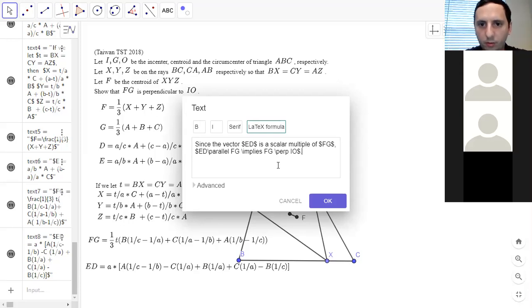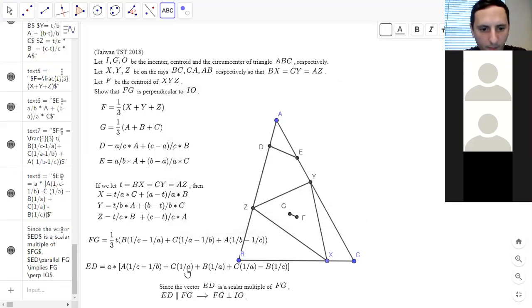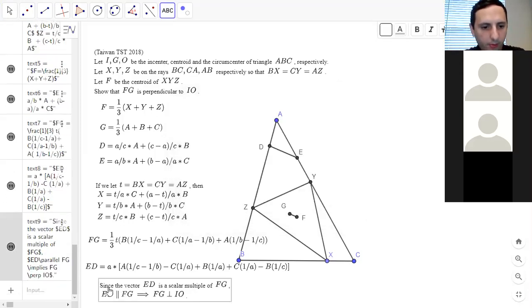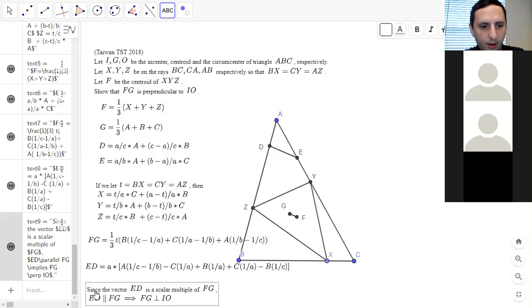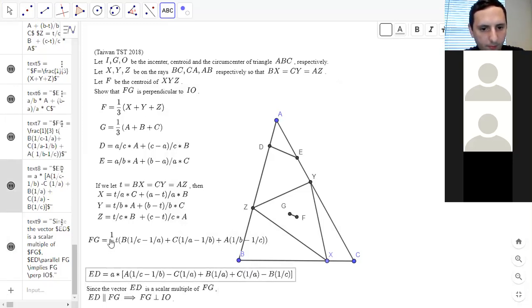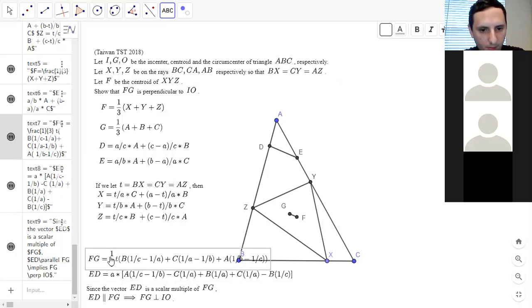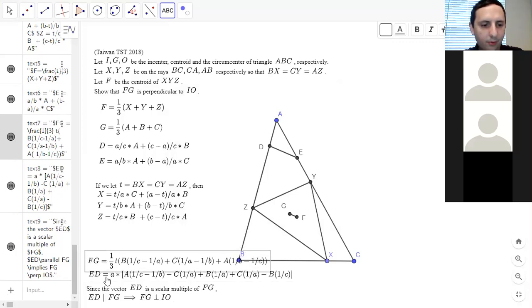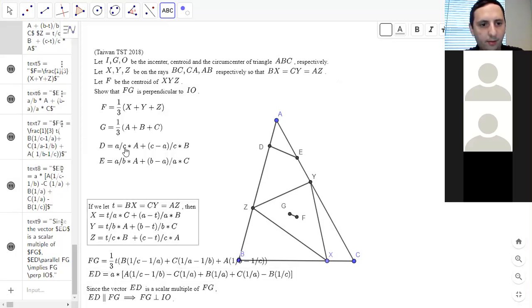Okay, so first I never wrote out the lemma we used initially, so I'm going to write that out now. I'm sure this could probably be turned into a synthetic proof, but it would be a lot of parallelograms and stuff.